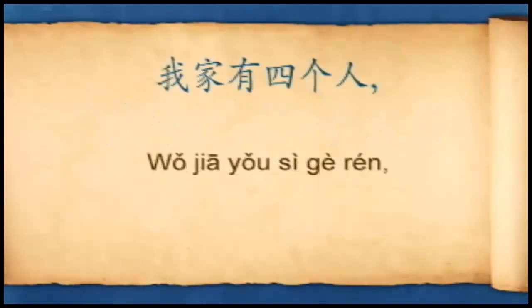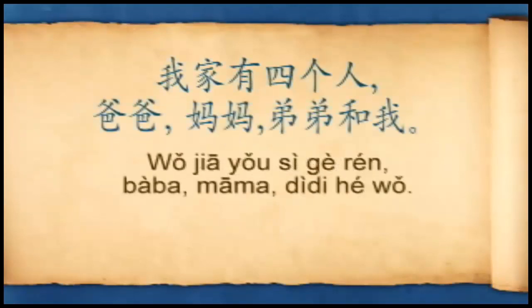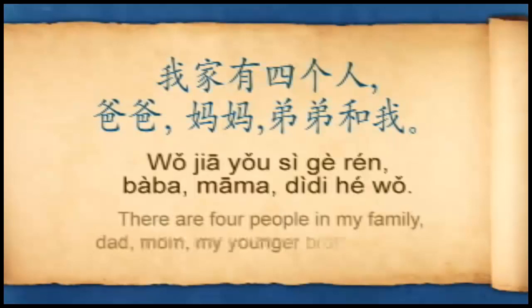You also learned the response to 你家有几个人? Listen. 我家有4个人，爸爸、妈妈、弟弟和我。What does this sentence mean? Yes, it means my family has 4 people, Dad, Mom, my younger brother, and me.